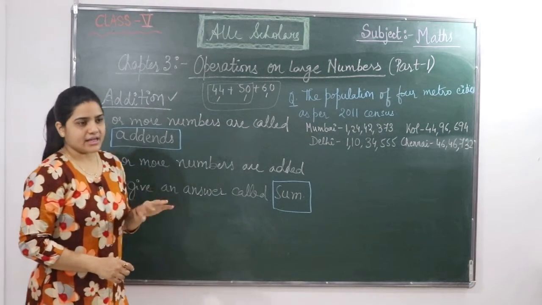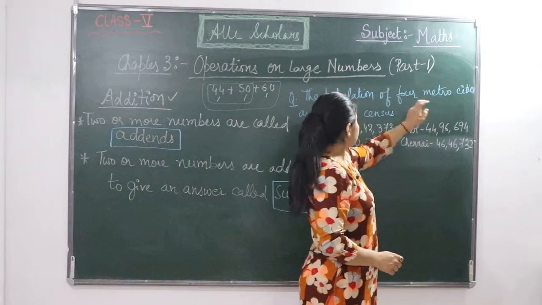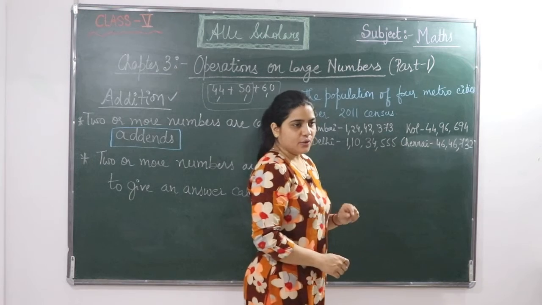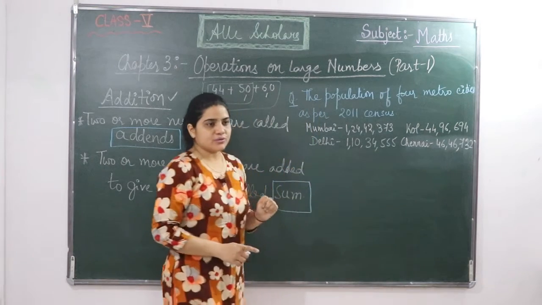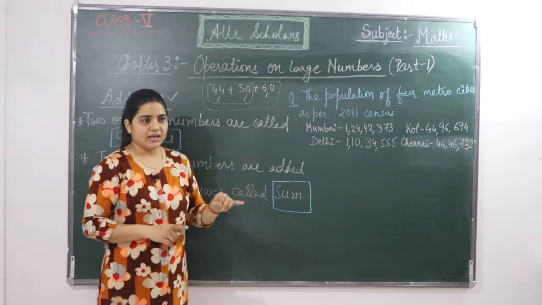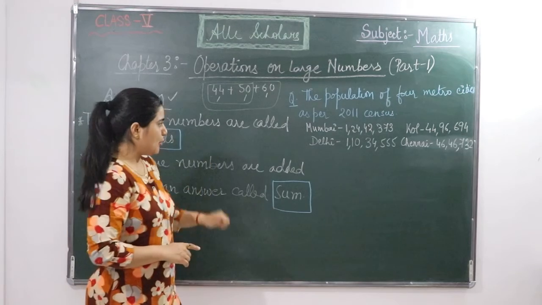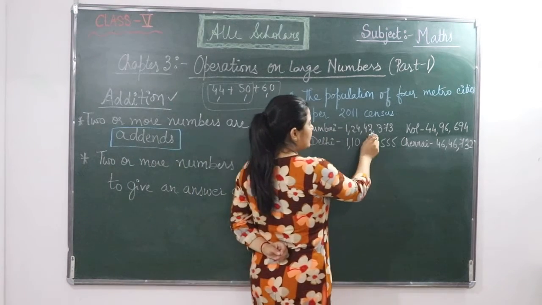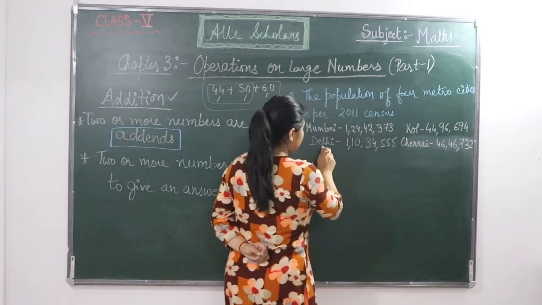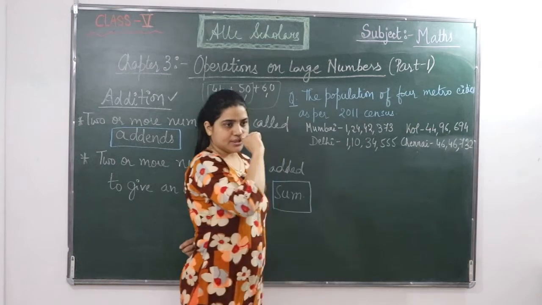Now let's take an example and see the population of 4 metro cities as per the 2011 census. We have taken 4 metro cities, that is Mumbai, Kolkata, Delhi and Chennai. According to the 2011 census, Mumbai had this population, Kolkata had this population, Delhi had this, and Chennai had this population.